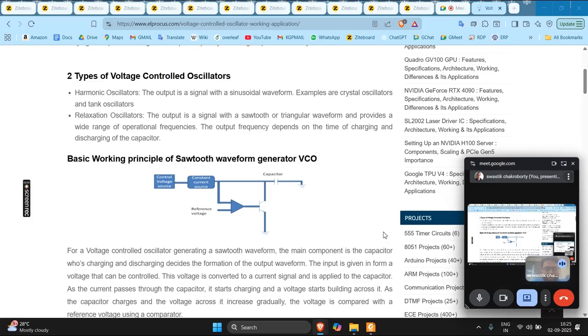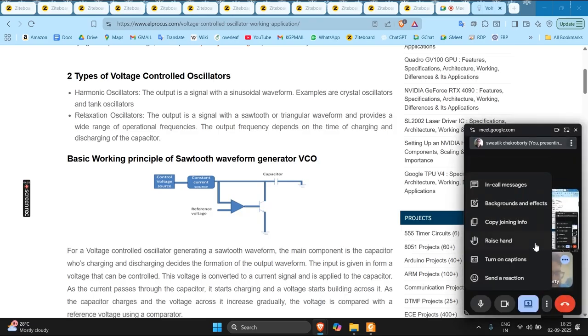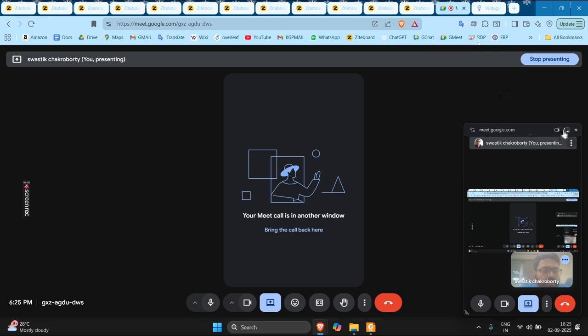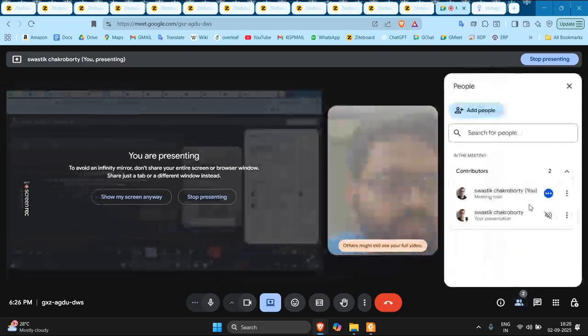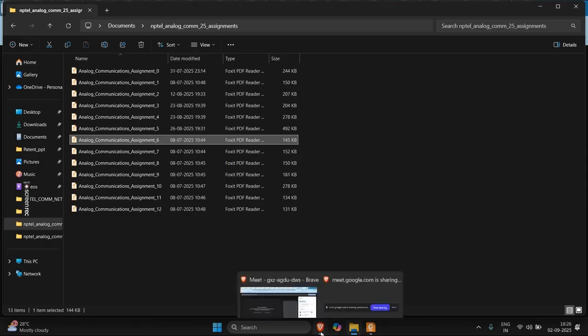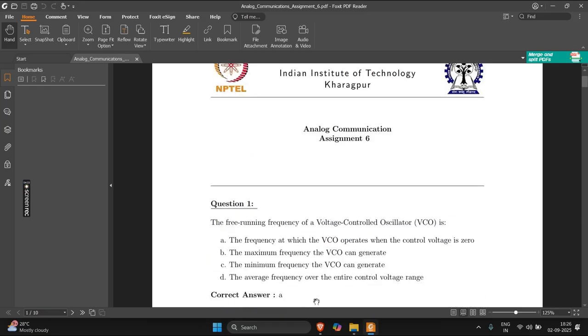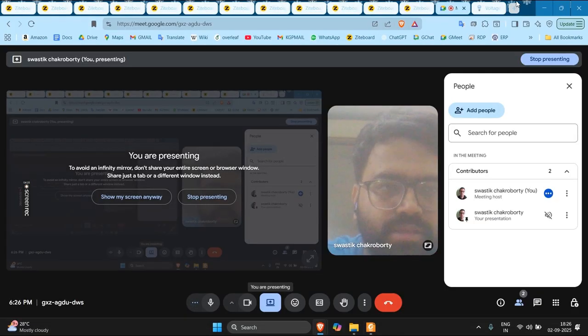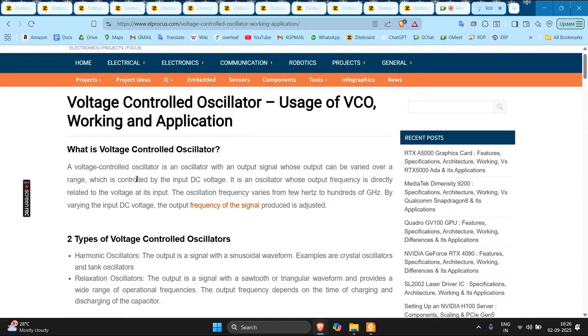So today's topic is voltage control oscillator. A voltage control oscillator is an electronic oscillator circuit whose frequency can be controlled by the input voltage.